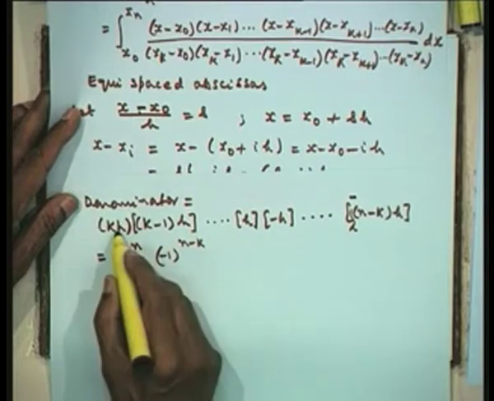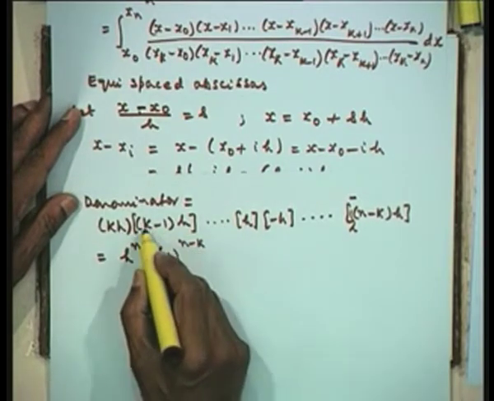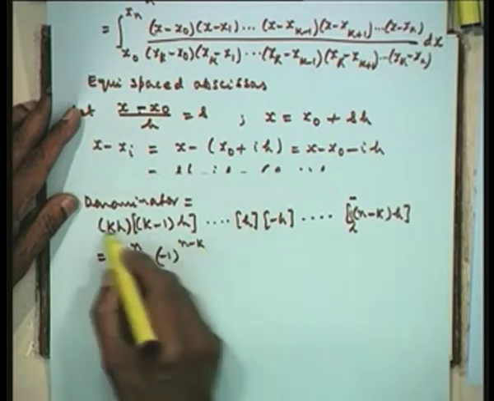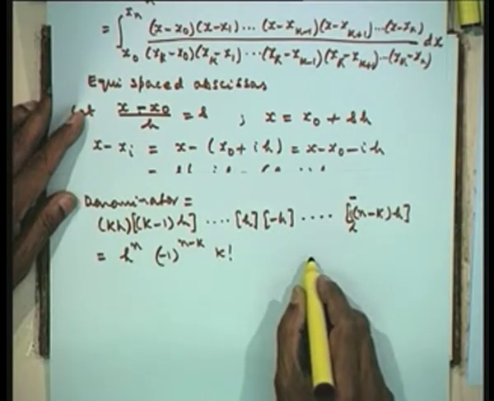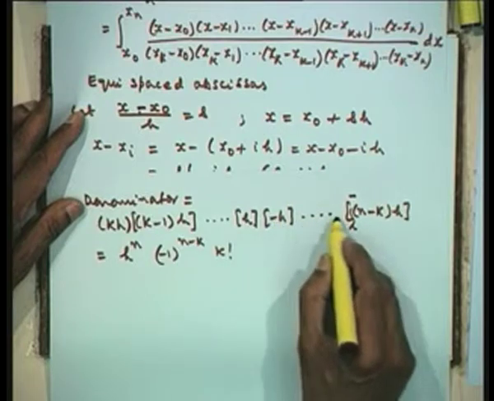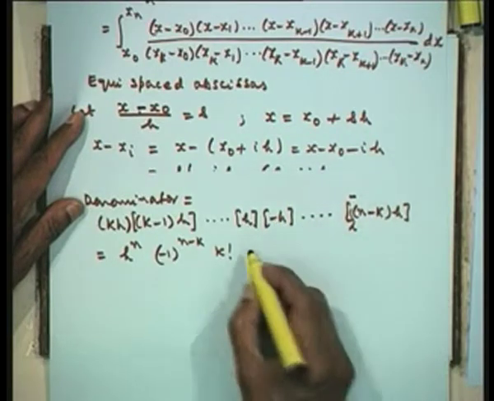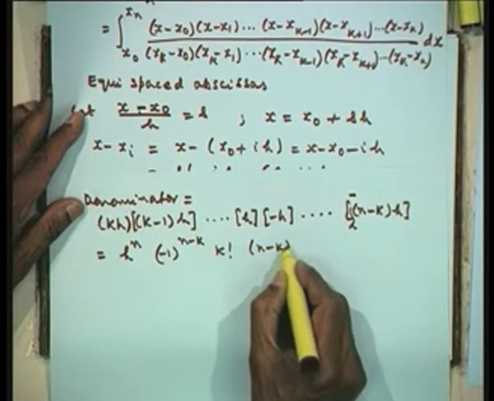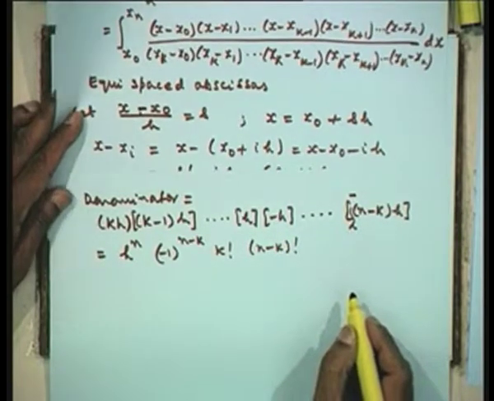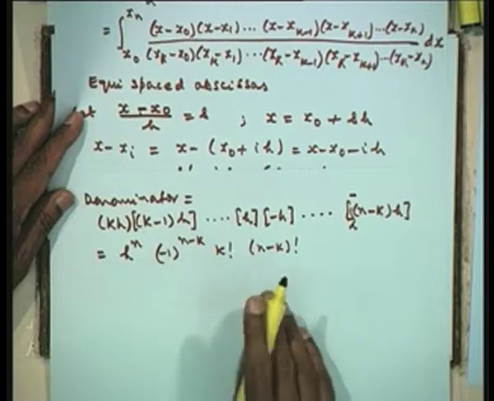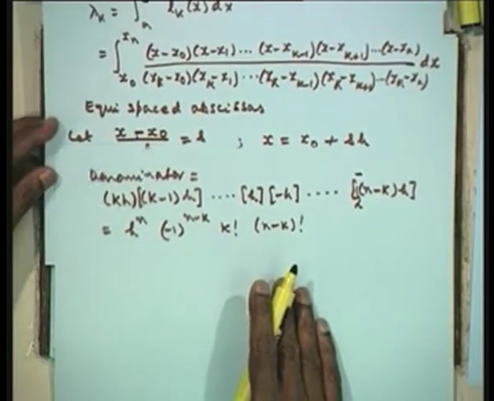And if you look at the first one, this is 1 into 2 into 3 up to k. So, this will contribute factorial k. This is 1 into 2 into 3 up to n minus k. So, this will give you n minus k factorial. This will be the denominator, the simplified form of the denominator.